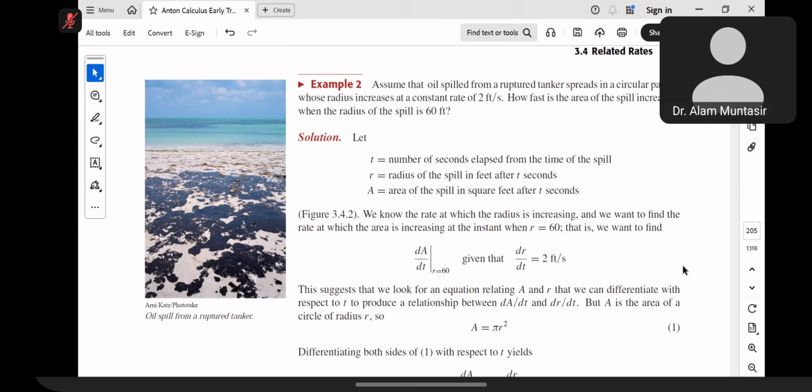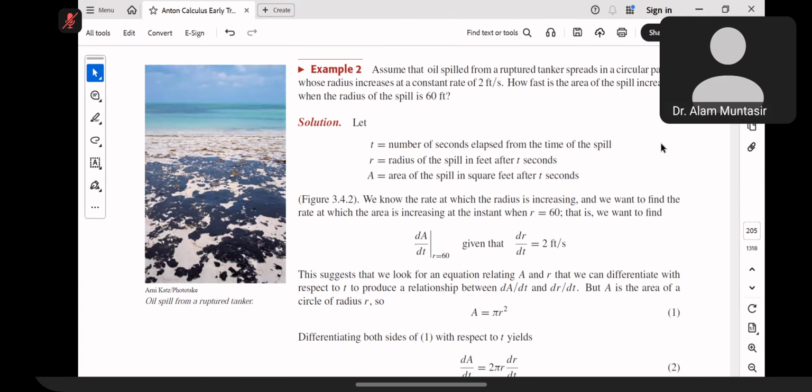Have you gone through the statement? Have you understood the statement? Yes, sir.